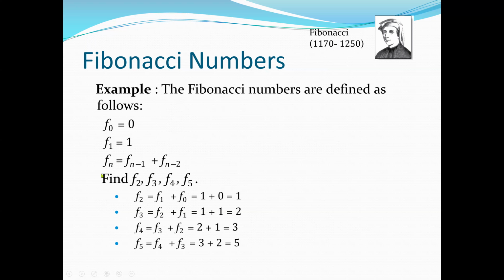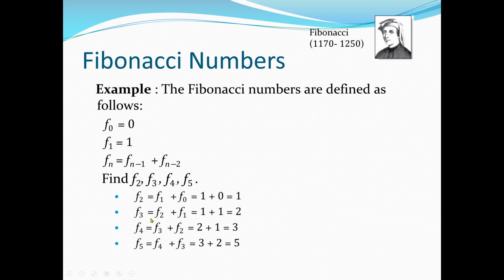Because n is 2, 2 minus 1 is 1. Why f(0)? Because n minus 2, 2 minus 2 is 0. And f(0) will be the 0 here. So Fibonacci of 2 will be 0 plus 1, and that's what we have here. Fibonacci of 2 will be f(1) plus f(0), which is 1 plus 0, which is 1.